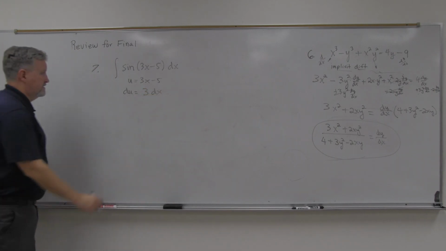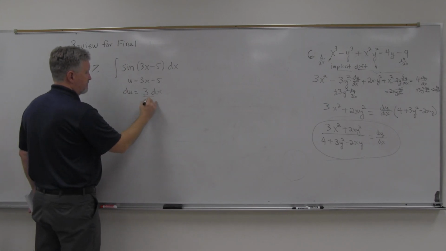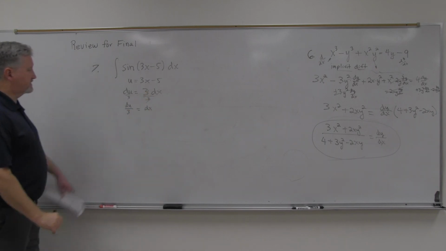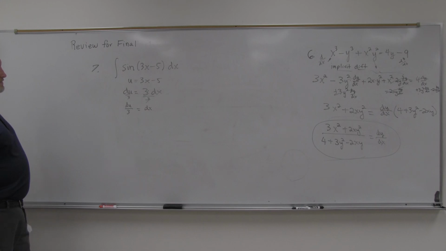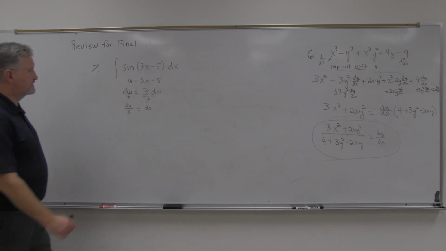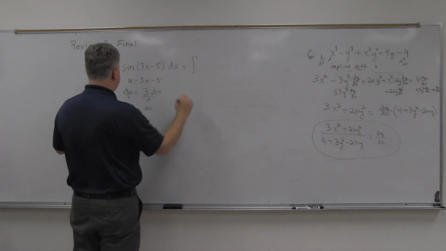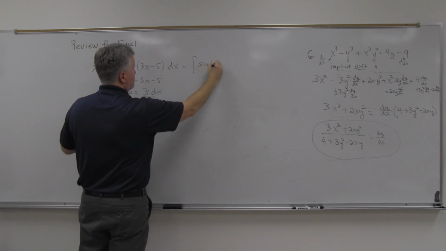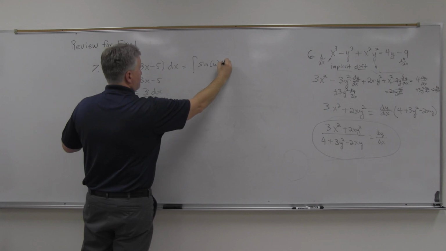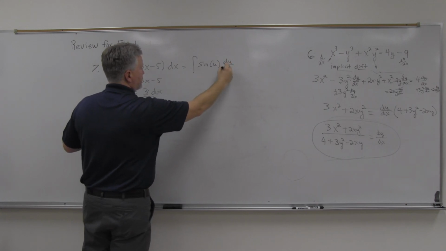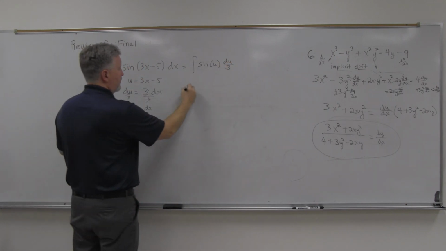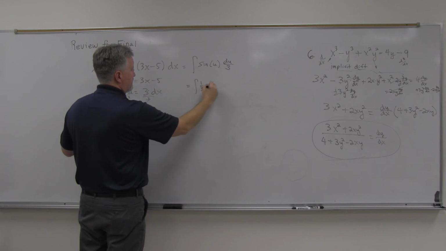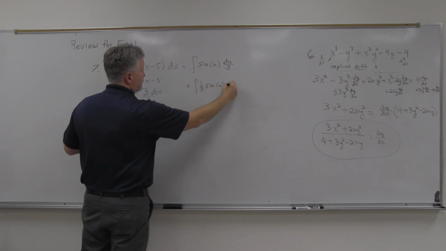The way I usually do it is solve for dx here, so divide by 3. So du over 3 is dx, and that's what I'll substitute for dx in my integral. If I make those substitutions, I'll have sine of u du over 3, which is just 1/3 sine of u du.